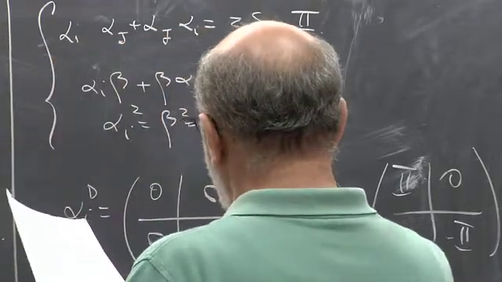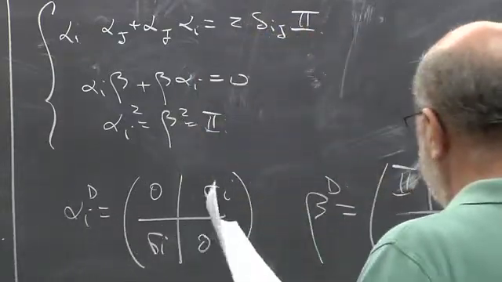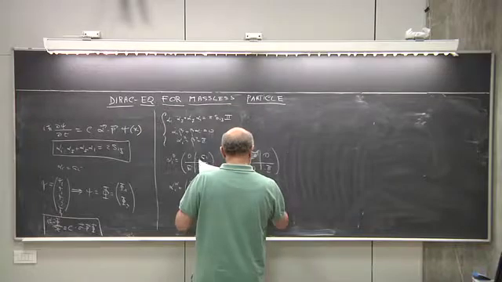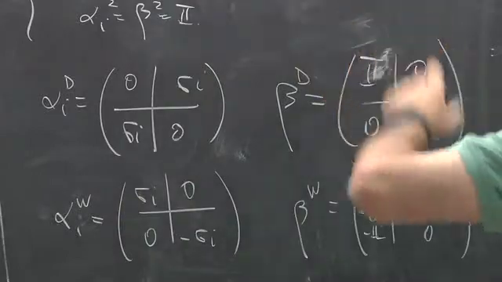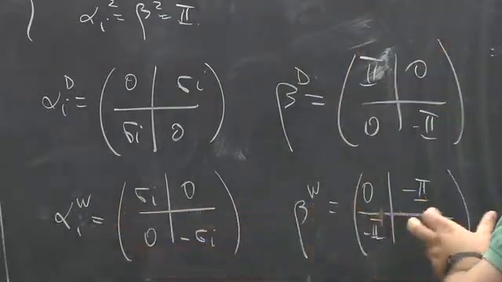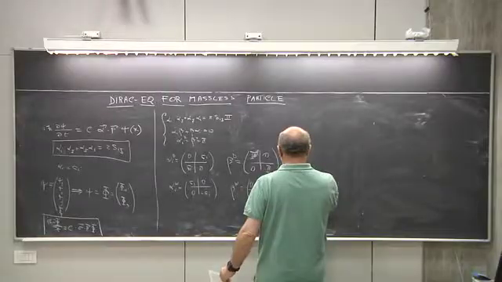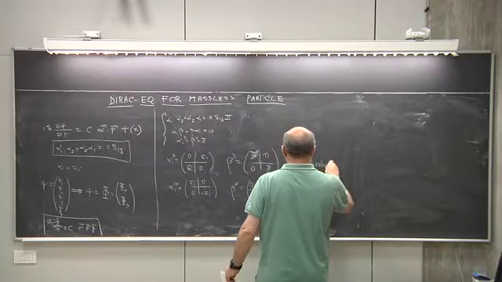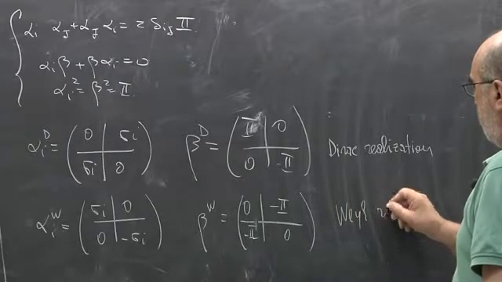It is the following: alpha i equals sigma i 0, 0 minus sigma i, and the beta of Weyl equals 0 identity, identity 0. Okay? If you take this, it satisfies all that. So this is the Dirac realization of that algebra, and this is the Weyl realization.